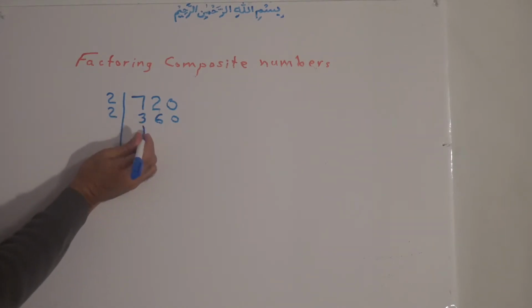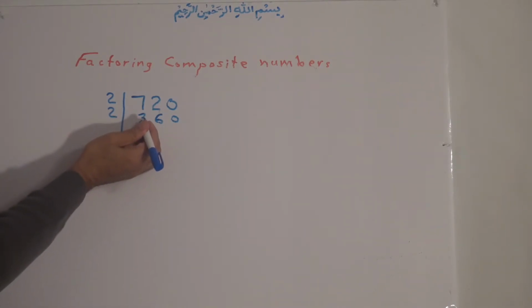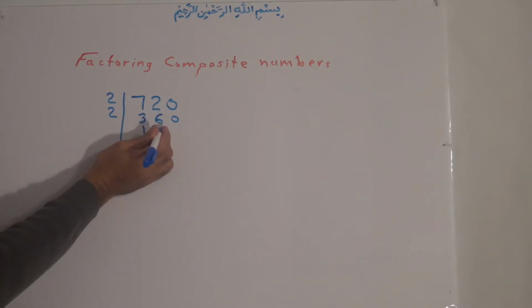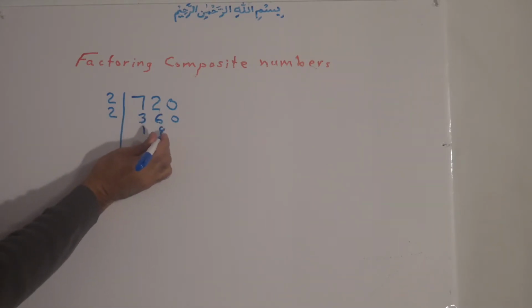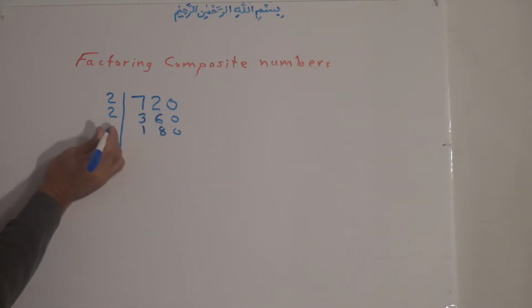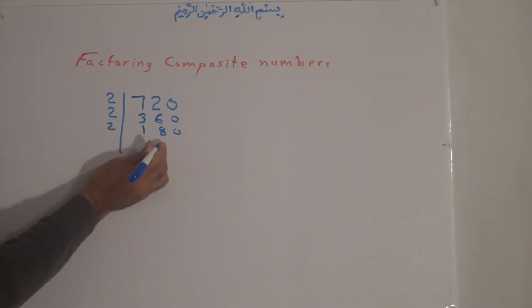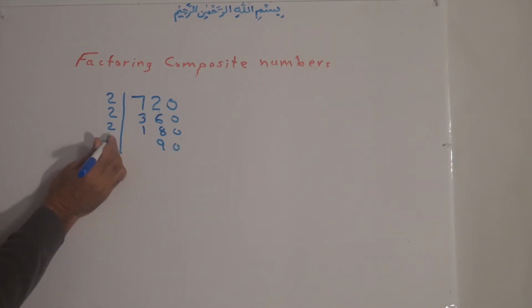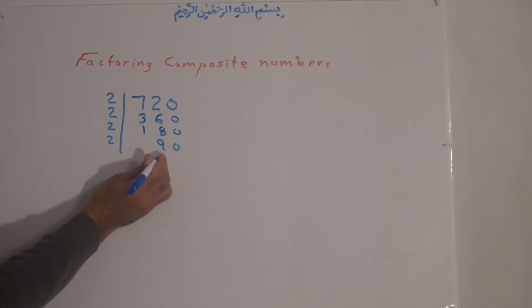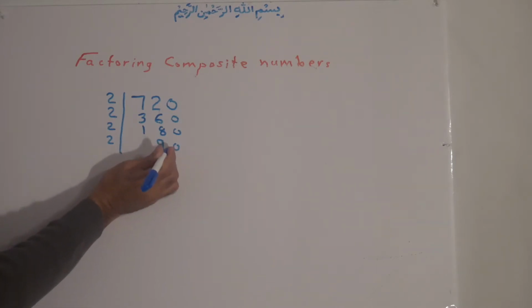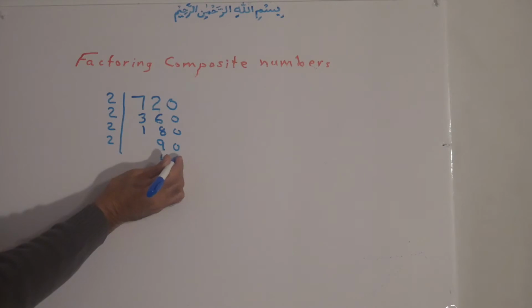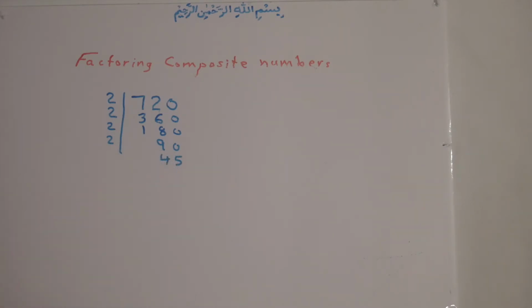1 times 2, there is remaining, 3 minus 2 is 1, we put 1 here, it becomes 16, 8 times 2 is 16, and 0. Then again 2, 9 times 2, 18, 0. 2, 4 times 2, 8, remaining 1, 1 here becomes 10, 5 times 2, 10.